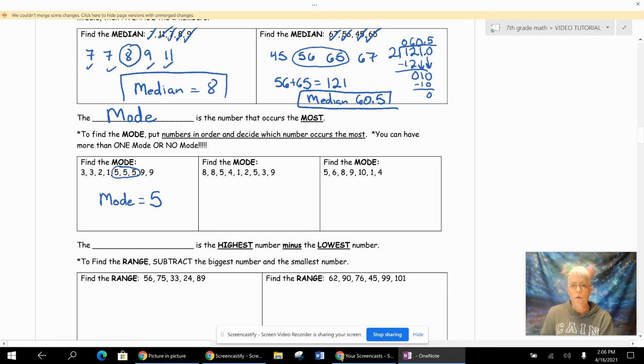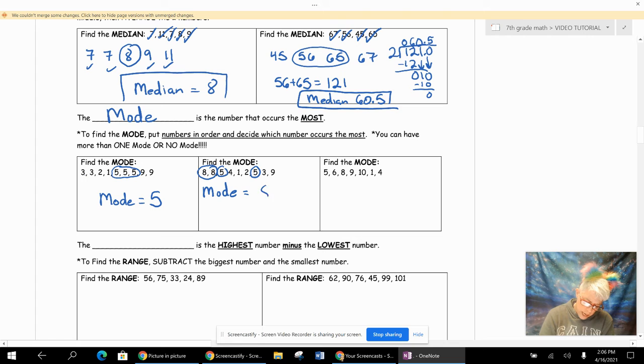So can you have more than one mode? I'll show you when you can. What I have here is 2 8s, and then I have a 5 and a 5. I have other numbers also. So in this situation, yes, I can have 2 modes as long as they appear at the same frequency. The 8 appears twice, the 5 appears twice.